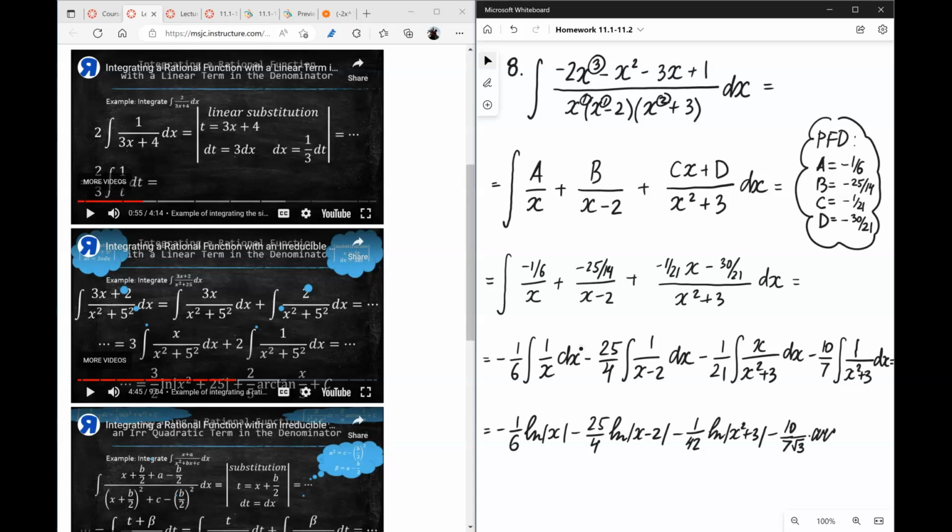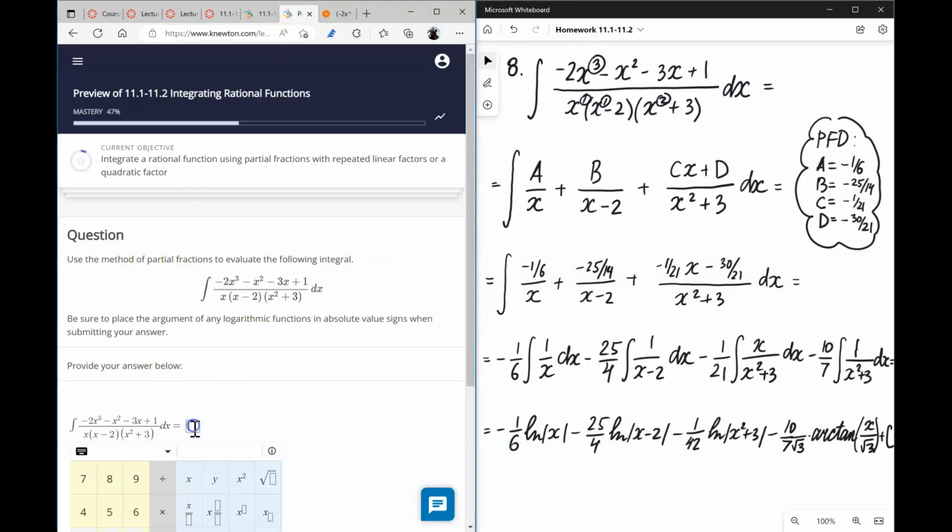And we're going to have arctan of x over square root of 3. And of course, we're going to have plus c at the very end. You should be able to verify all these outputs manually. And if something is wrong, we are about to find out.